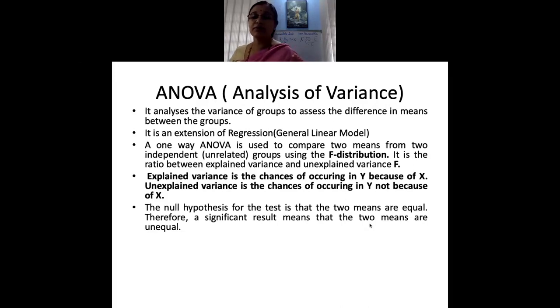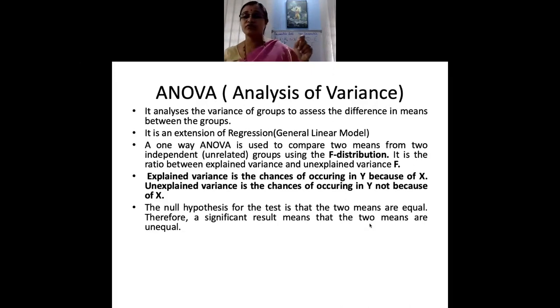And please remember the F distribution, which we covered under the parametric tests, that is for normal distributions. Under parametric tests we saw the F distribution. If it is ANOVA, then we follow the F distribution.